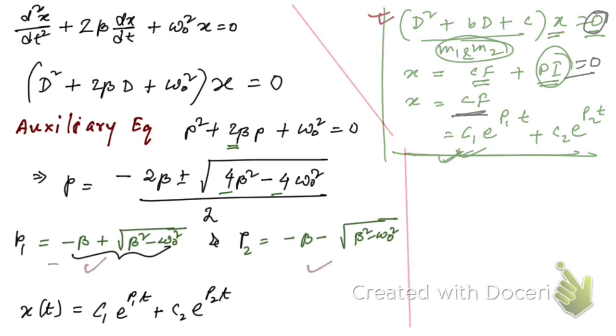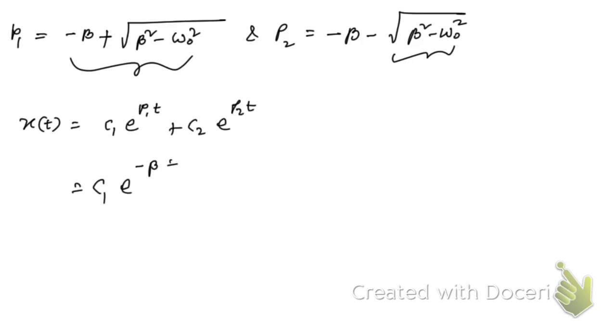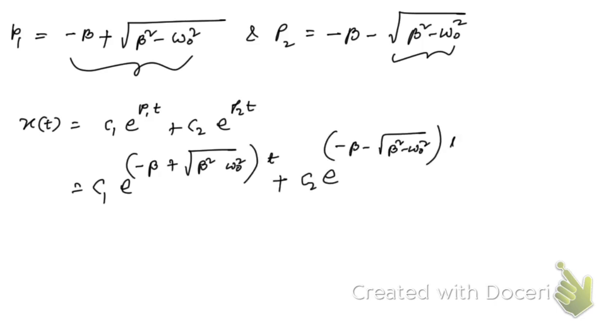So now, let me take a new slide. Let me write the roots first. These are the two roots we have got, and putting these values in this solution, it will take this form. So p1 and p2 are replaced by their values. This is the general solution.